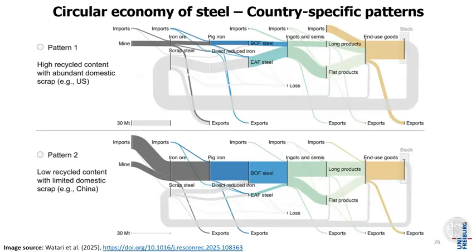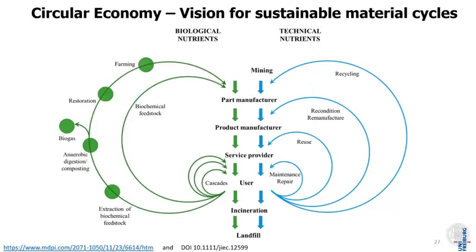But you also see countries like China, where of course recycling is growing, but still they are mostly reliant on external imports and mining of iron ore, primary production, to expand the stocks that will enable them to recycle in a few decades from now.